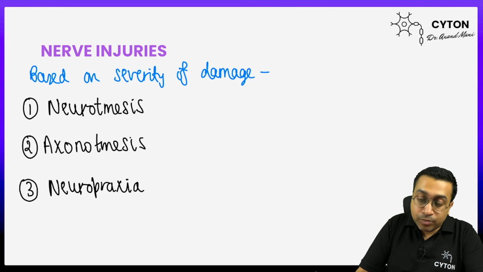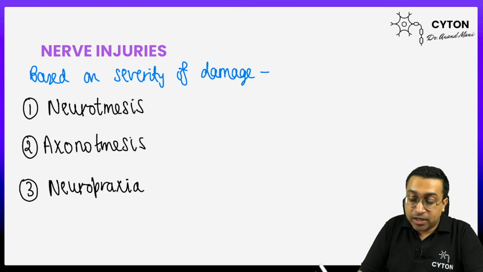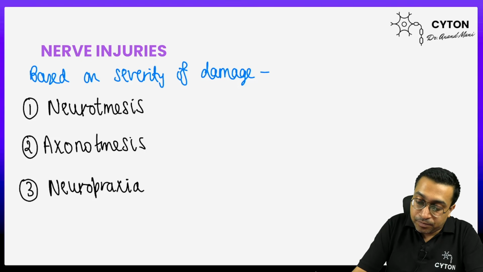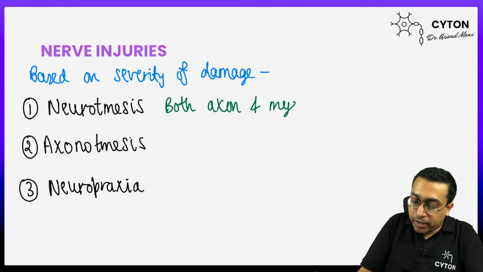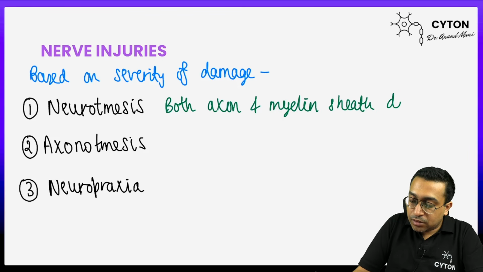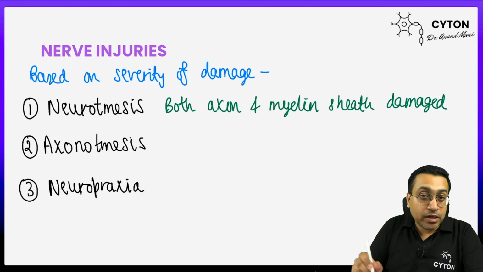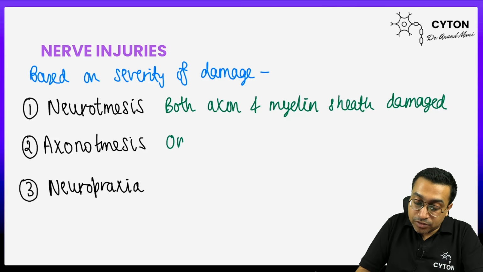Now see, neurotomesis. What happens? Both the axon and myelin sheath are damaged. In axonotomesis, as the name suggests, only the axon is damaged.